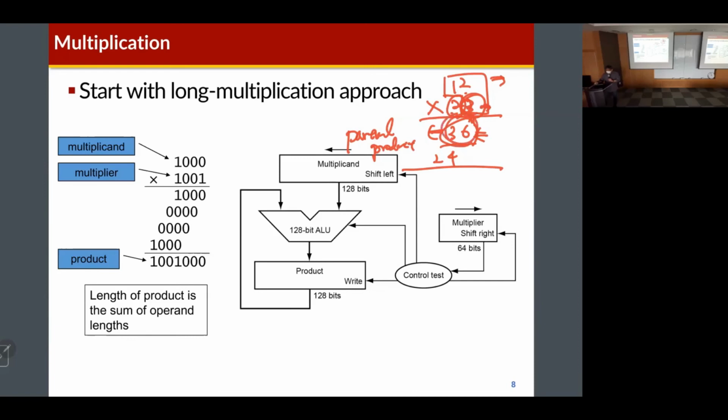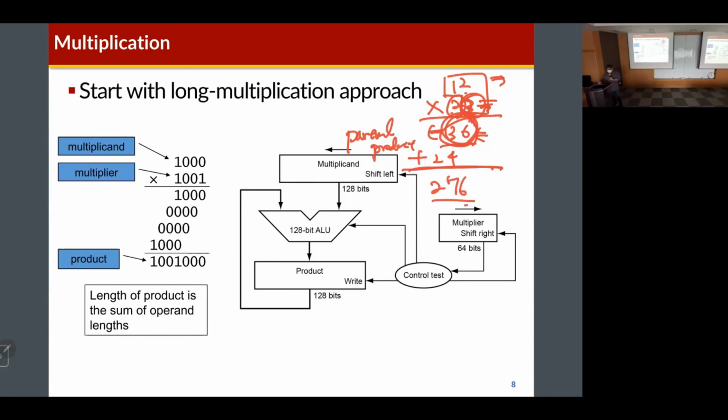That's why these numbers are called partial products. Partial products are computed from each digit of the multiplier. And then we just add the generated partial products to generate the final result, 276 here.